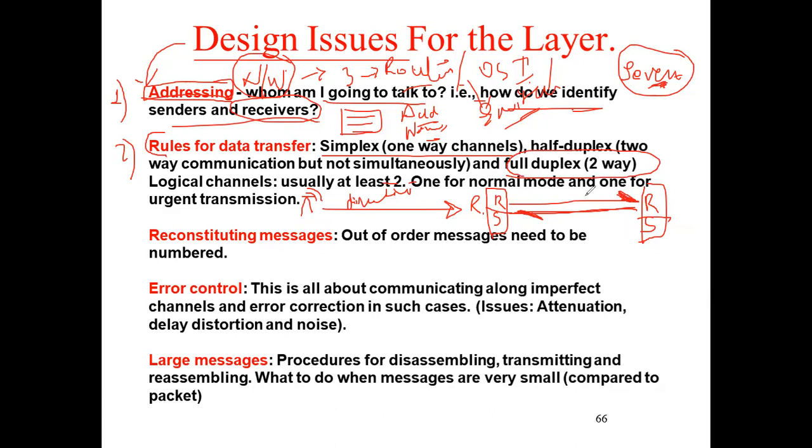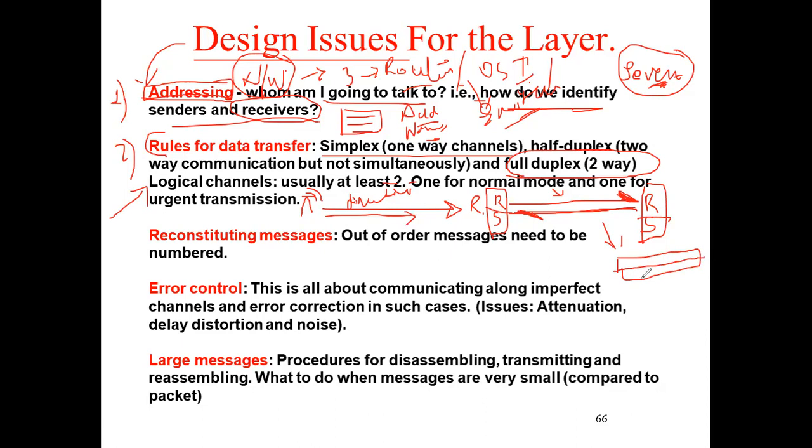Like we are using phones, mobile devices, right? Walkie-talkies are an example of half duplex. So we need some rules for data transfer: over here, the rule says one direction, over here both directions but not at the same time, then both directions at the same time.